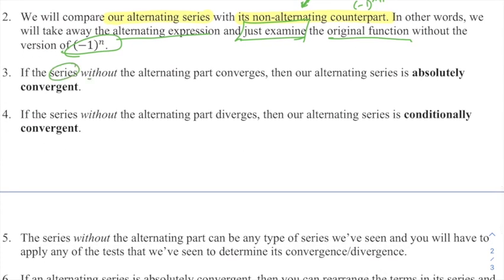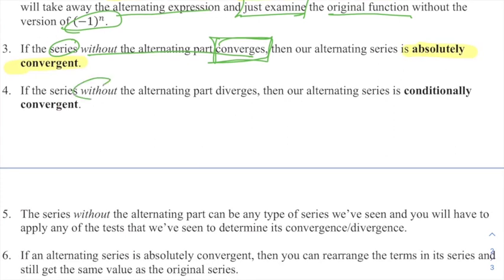And then here's what we learn. If the series without the alternating part still converges, then our alternating series is called absolutely convergent. But if the series without the alternating part diverges, then our series is called conditionally convergent.